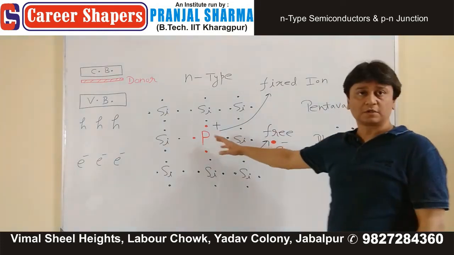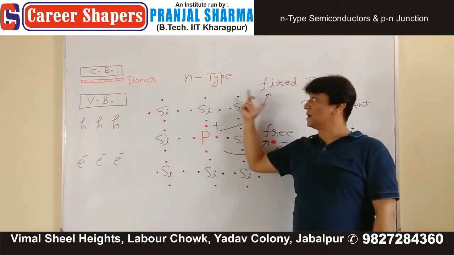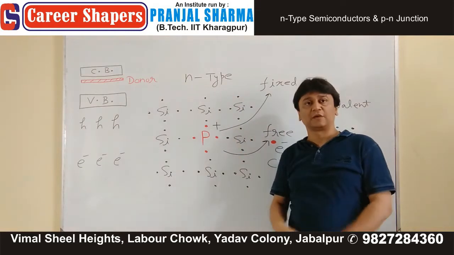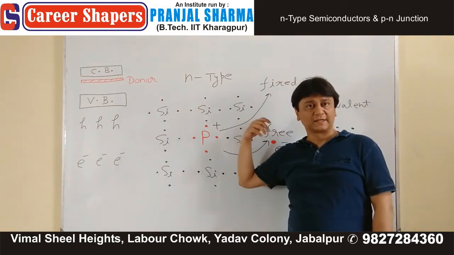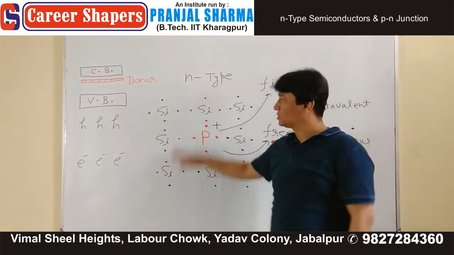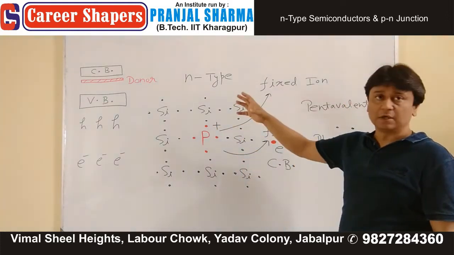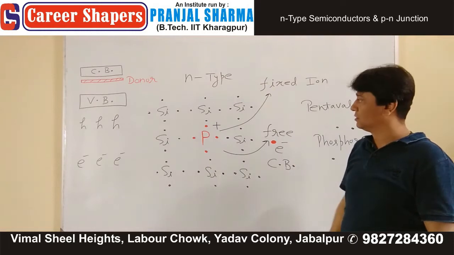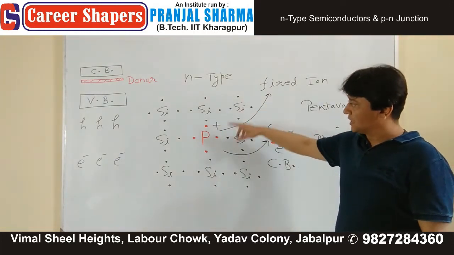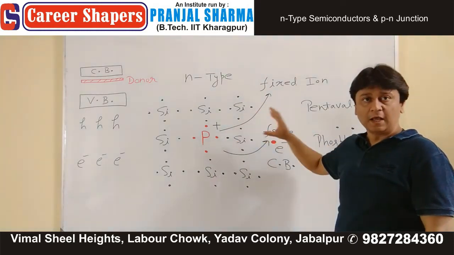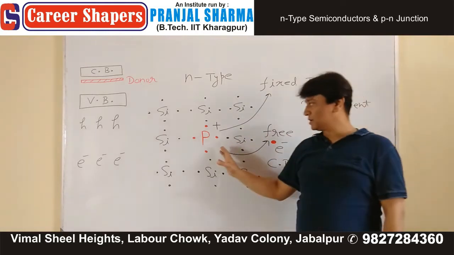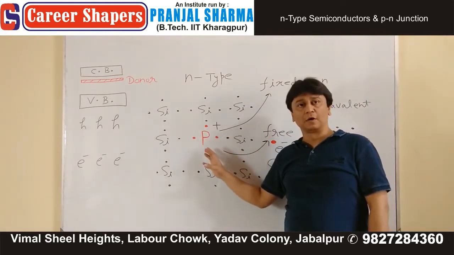Aluminum, which we discussed in the previous lecture for p-type, was acceptor type impurity. This phosphorus is donor type impurity. So it is releasing an electron. This electron is not participating in covalent bond.